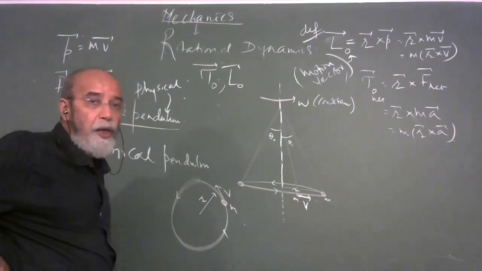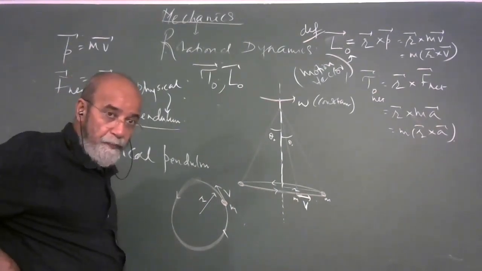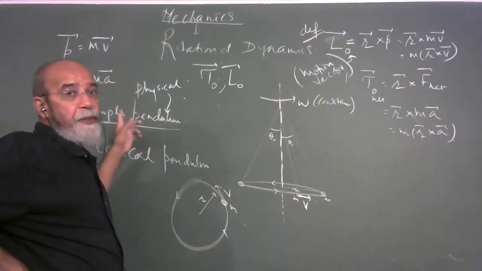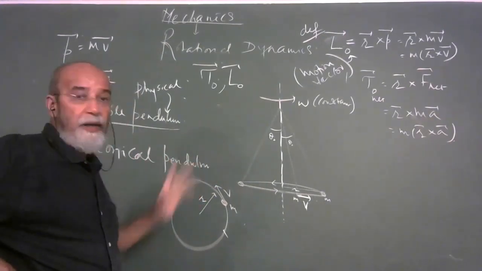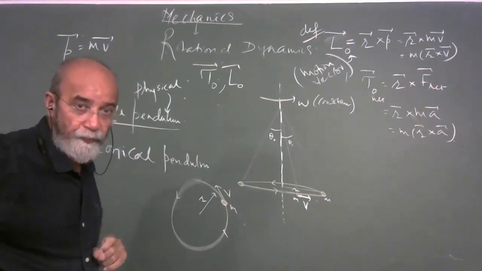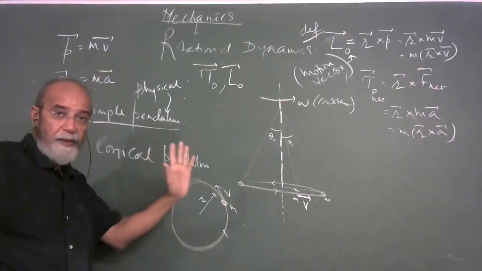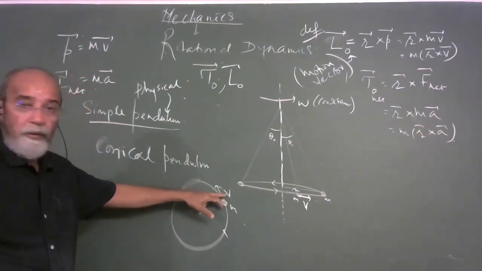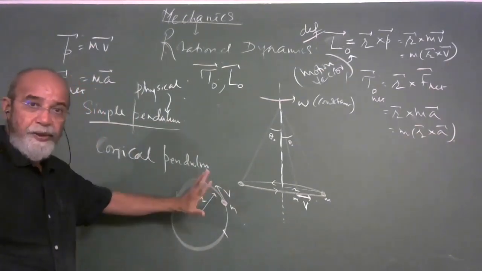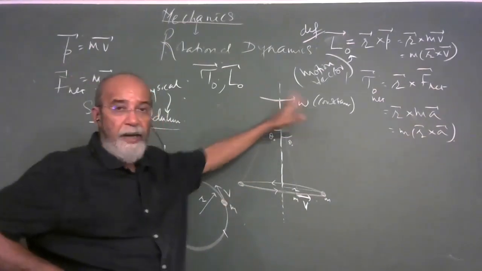So I have drawn a conical pendulum, which is a simple pendulum made to trace a cone with a fixed angle theta naught, measured from the central axis. It has a constant linear speed and a constant angular speed.